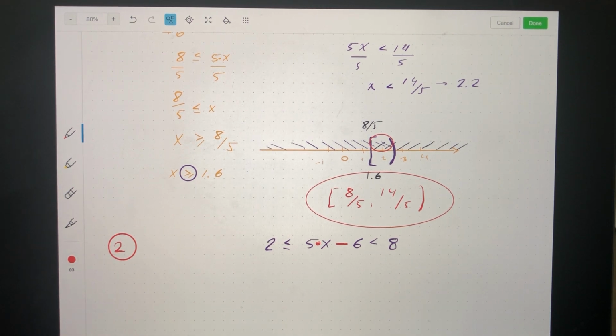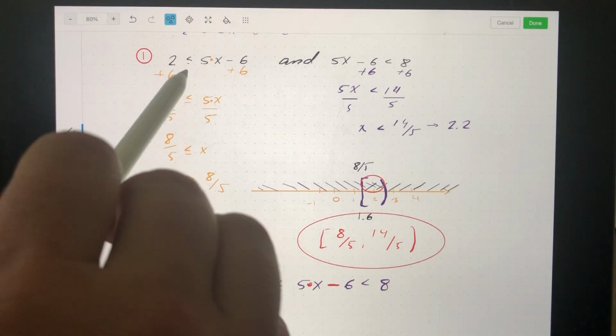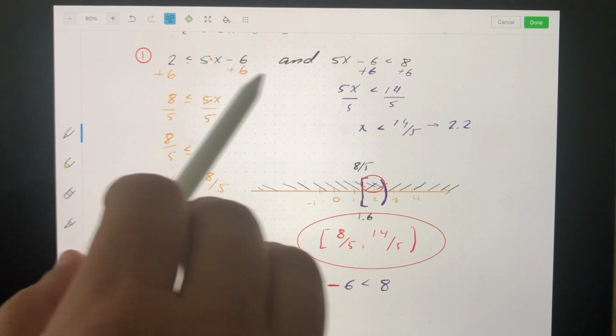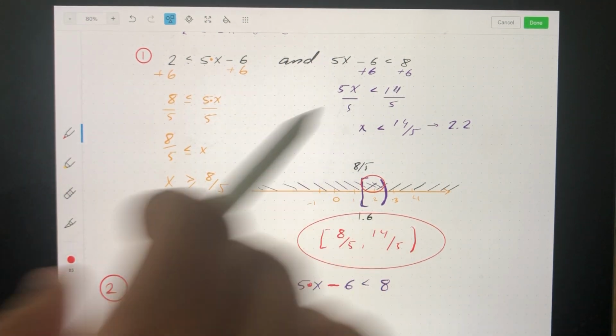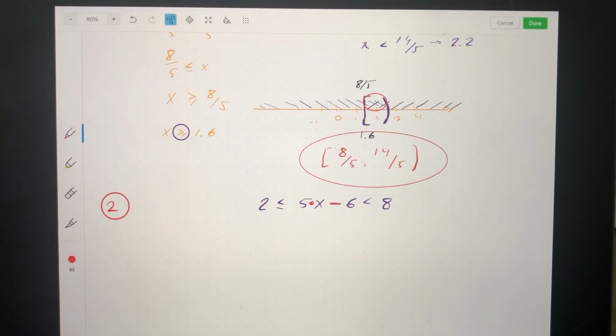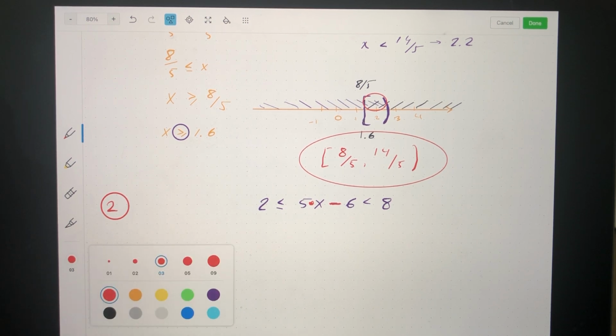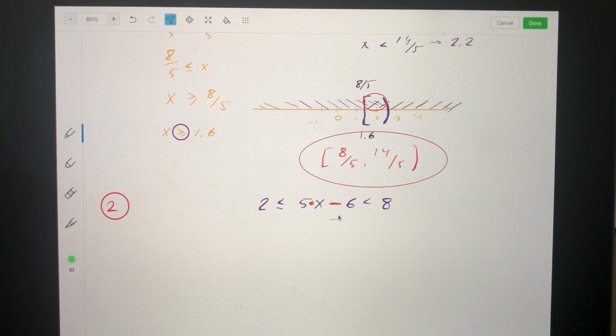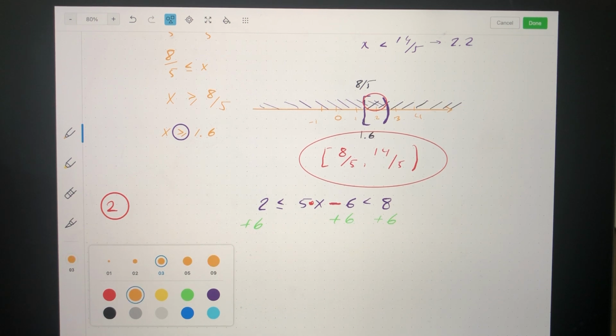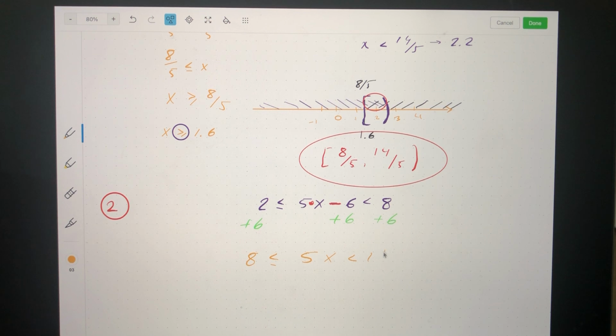This is exactly the same procedure that we used when we solved each one of these. We undid the 6 and then we undid the multiplication. The same process here, only this time we're doing it to all the sides at once. So first we add 6 to all the sides, plus 6, plus 6, plus 6. That makes 8 less than or equal to 5x less than 14.